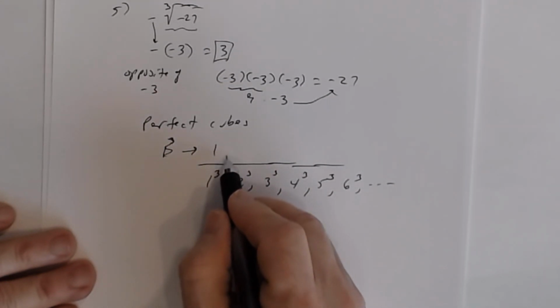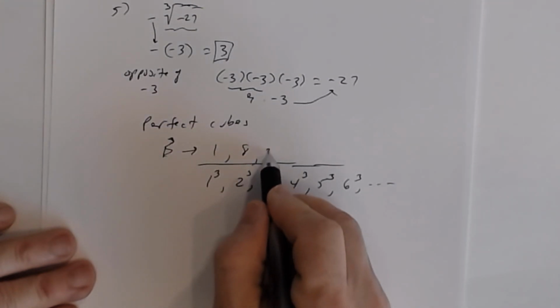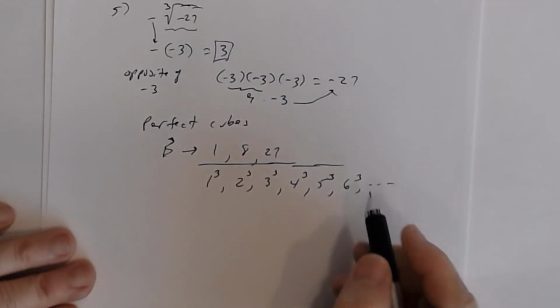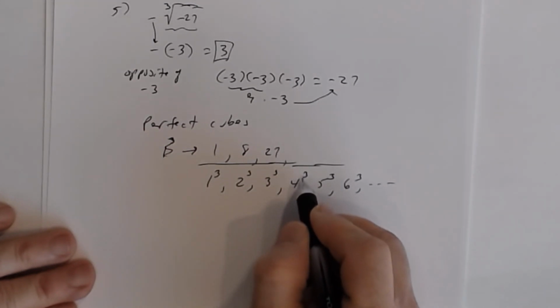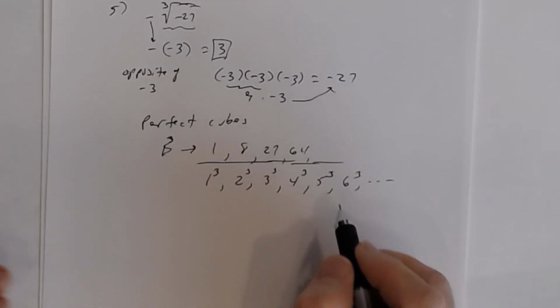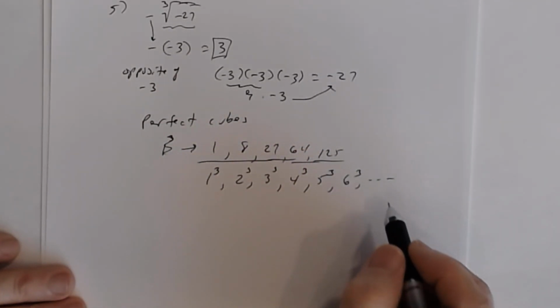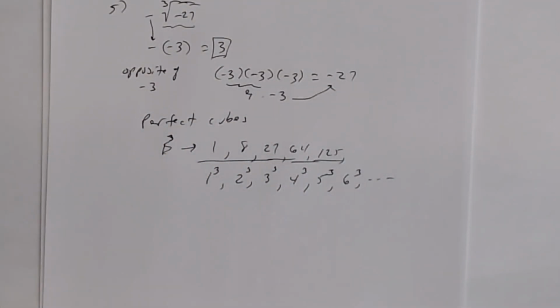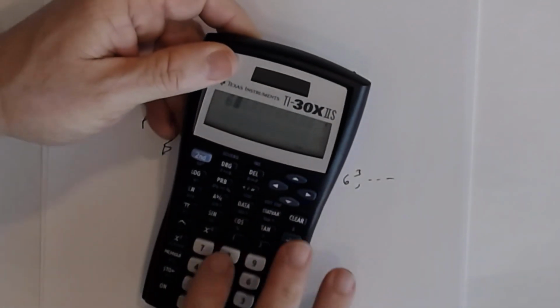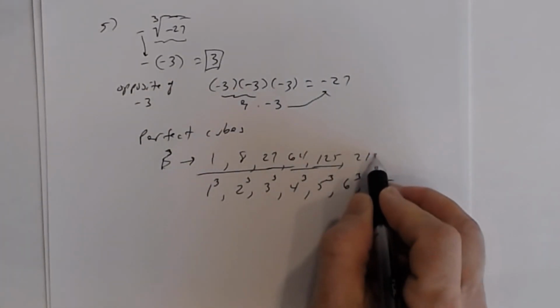2 raised to the third power is 8. So there's your next perfect cube. 3 raised to the third power is 27. So there's your next perfect cube. 4 raised to the third power, 4 times 4 times 4 is 64. 5 raised to the third power, 5 times 5 times 5, is 125. 6 raised to the third power, use your calculator if you need to, is 216, and so on.